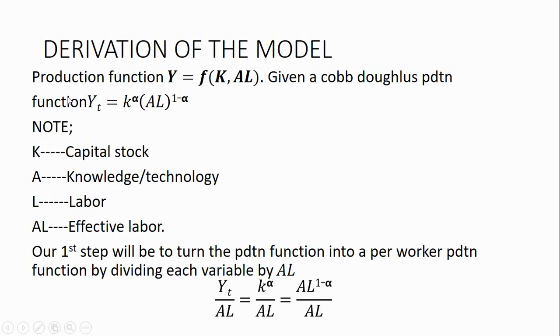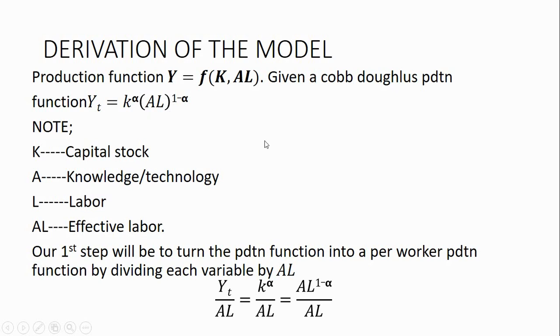So here the note is just showing us what the parameters we used are. The K stands for capital, the A stands for knowledge, the L stands for labor. Now the alpha on K represents the share of capital in the production process, and the 1 minus alpha represents the share of effective labor in the production process.